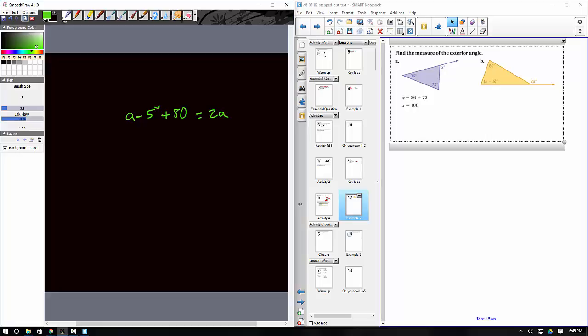So let's kind of combine like terms. I'm going to have a plus 75 equals 2a. I'm going to subtract an a from this side and subtract an a from this side. And now I'm going to have a equals 75. And I'm done. This should be equal to a equals 75. And then of course there's two of them. So that means that'll be equal to 150, right?